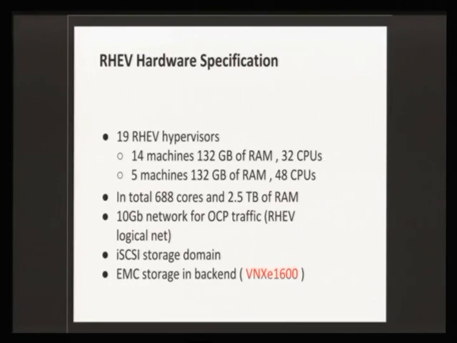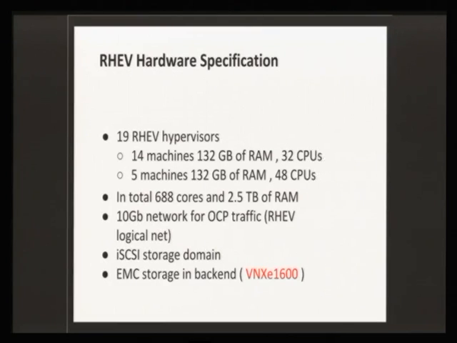Every hypervisor had two network interfaces, one 10 gigabit and one 1 gigabit, and the 10 gigabit network interface was taken from every hypervisor and put into the logical network. So the whole Openshift communication was happening over that 10 gigabit network interface.